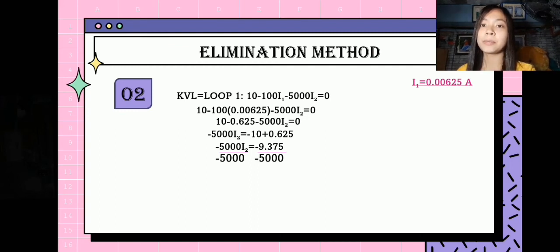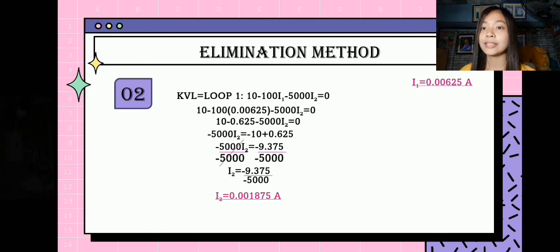Therefore, the negative 5,000 on the left side will be cancelled and the only thing left is I2 is equal to negative 9.375 divided by negative 5,000. So, the answer is I2 is equal to 0.001875.